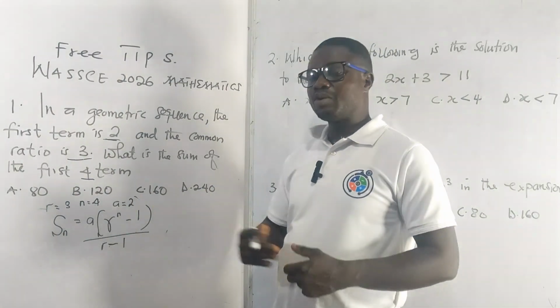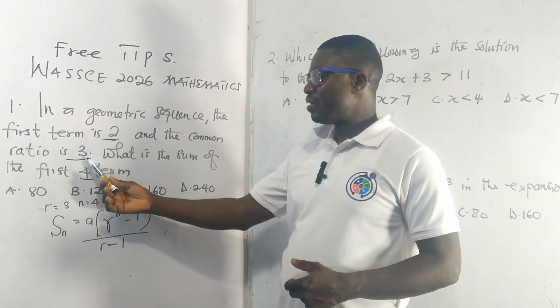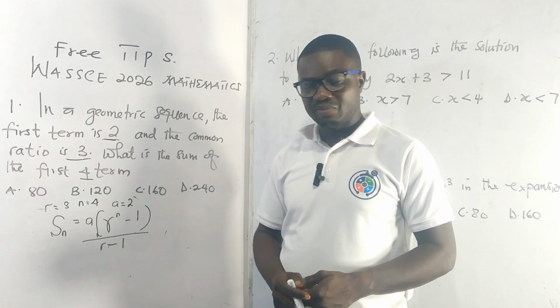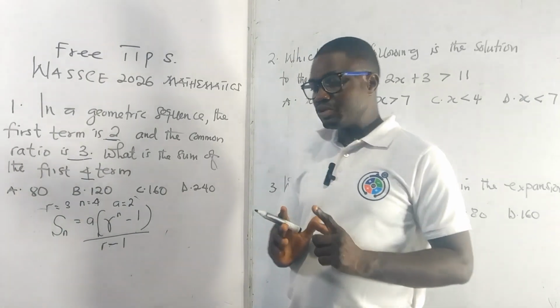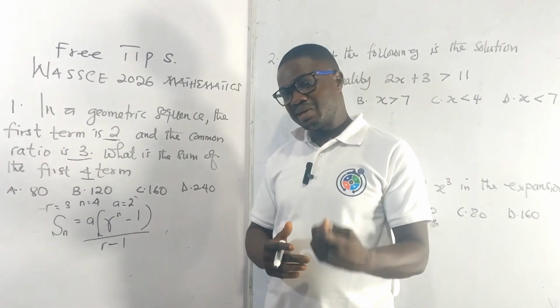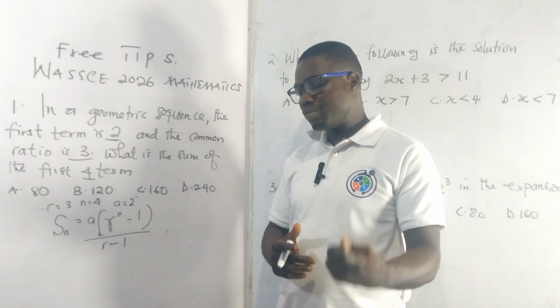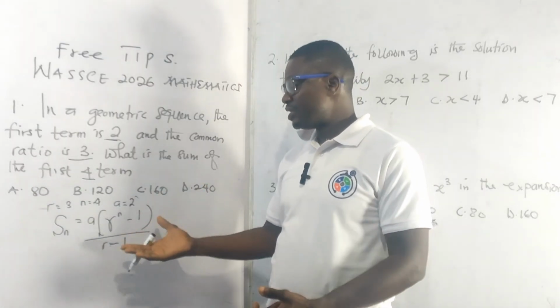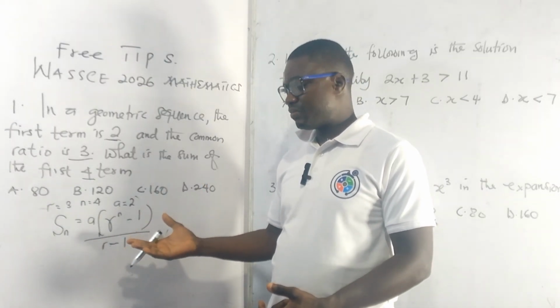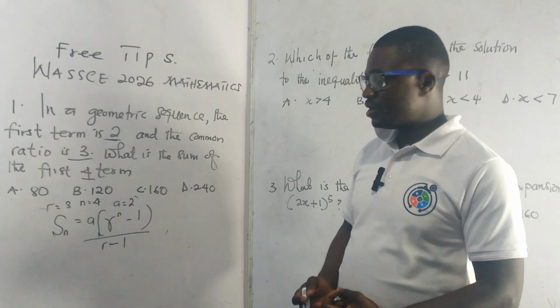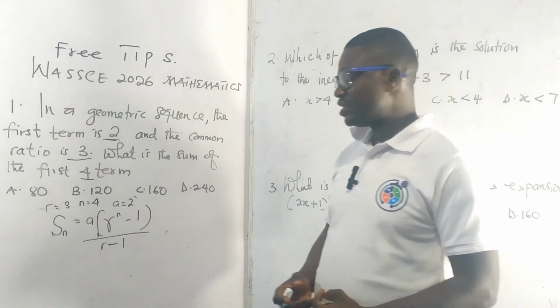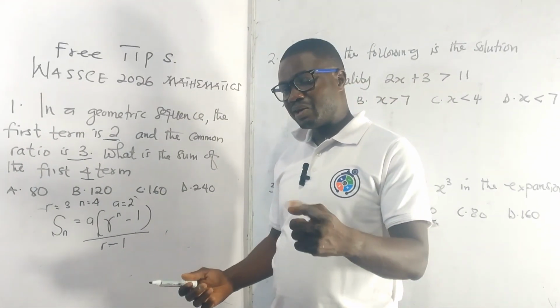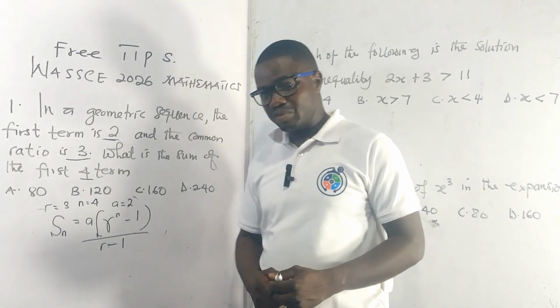We use this formula because the ratio R is more than 1. So please take note. We have another formula when the ratio is less than 1 and you are finding the sum, it is different. So take note and you can ask me in the comment section, or if you know that formula, put the answer in the comment section.